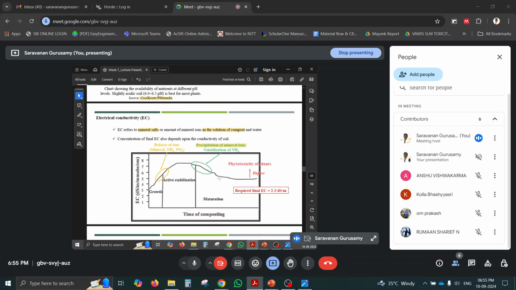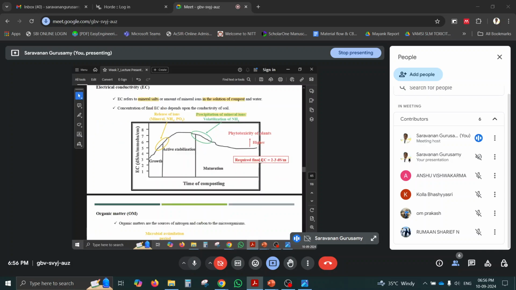So again it will reduce the electrical conductivity. The final requirement is 2 to 3 decisiemens per meter. If the electrical conductivity is higher than this, it will cause phytotoxicity.